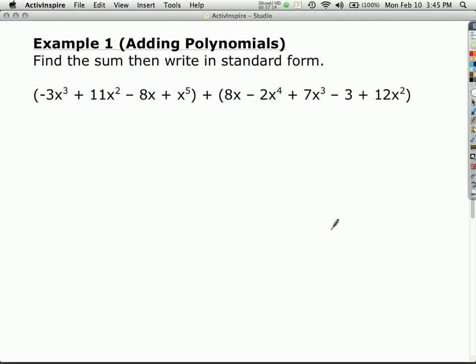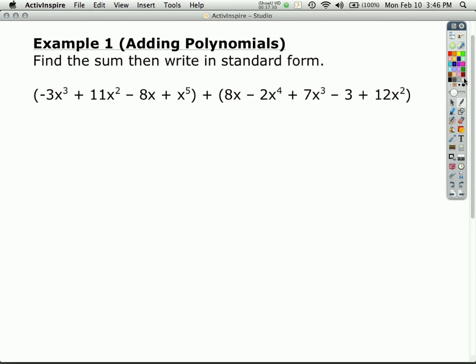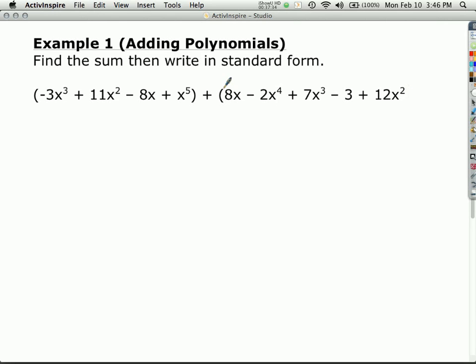Basically, this is just combining like terms. Because even though this is a polynomial and this is a polynomial and we're adding them together, really what we're doing is this. If you think about it, is it any different than if we did just all of that?